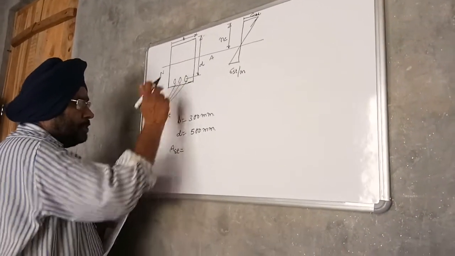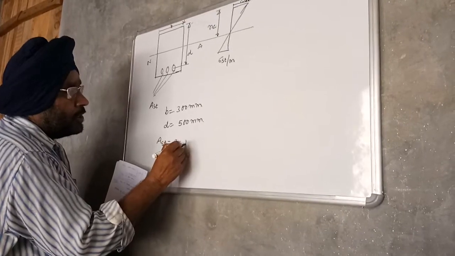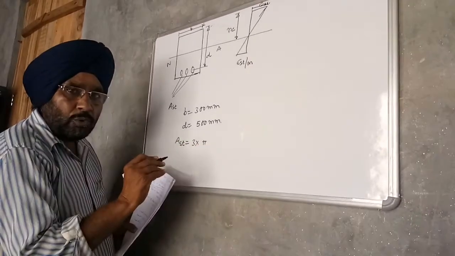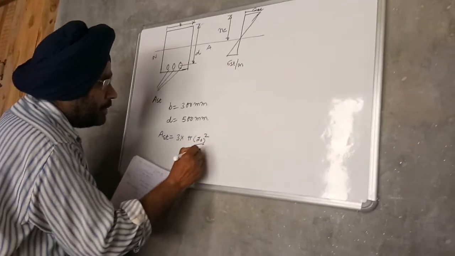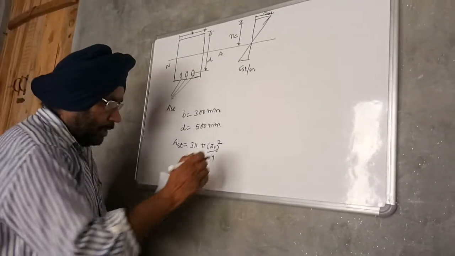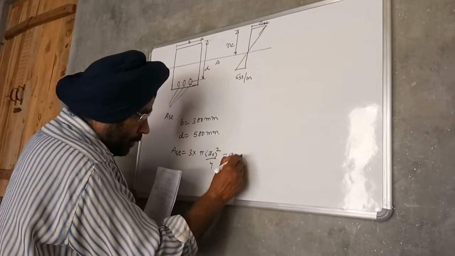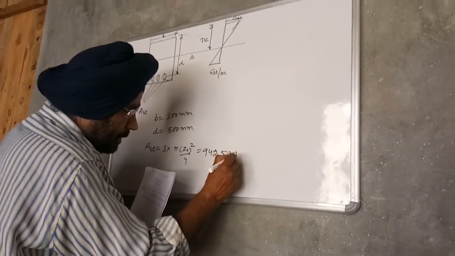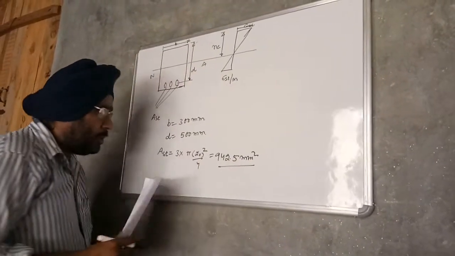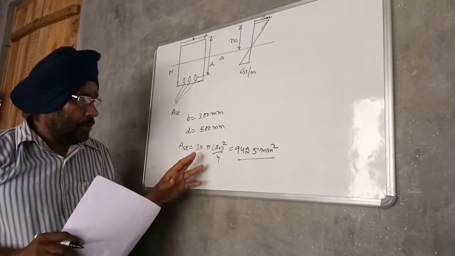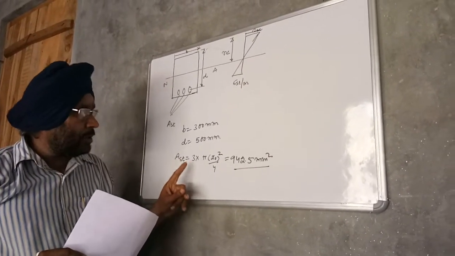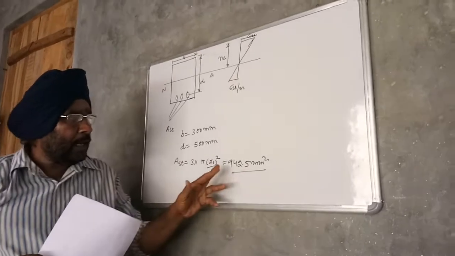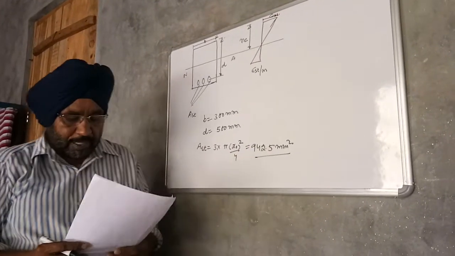So the cross sectional area of 1 bar is pi d square by 4, d the diameter of the bar, so 20 square by 4. This value is 942.5 square millimeter. Pi d square by 4 means cross sectional area of 1 bar, and there are 3 bars, so total cross sectional area is 942.5 square millimeter.